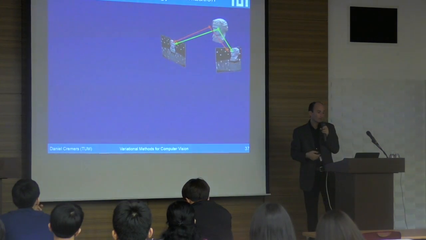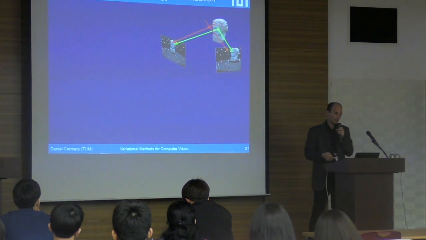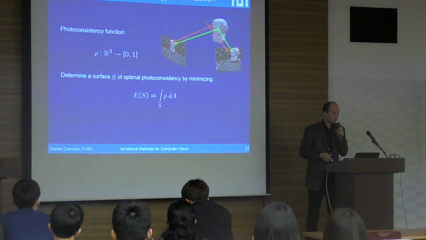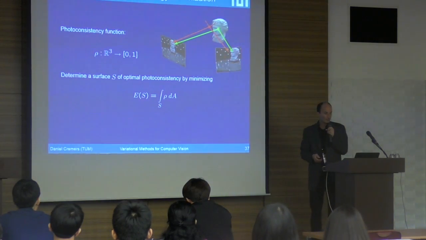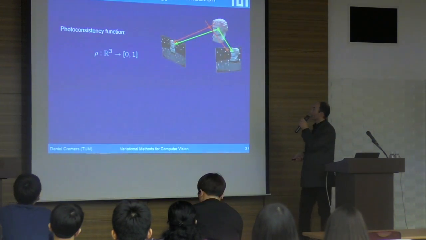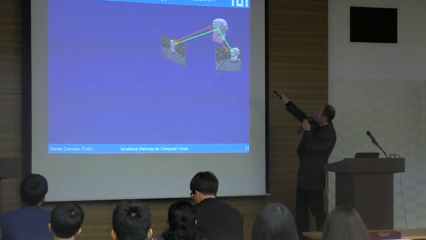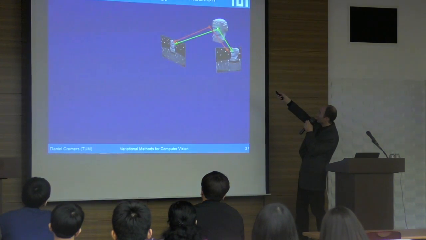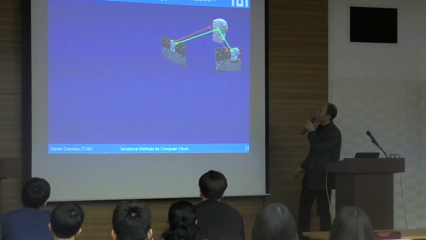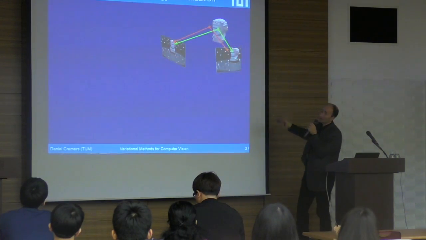For 3D reconstruction, there are many ways to get 3D from images. The most popular one is the so-called photoconsistency consideration. The idea here, as I drew it here, is you can distinguish points like the green one from points like the red one based on projection into pairs of images.